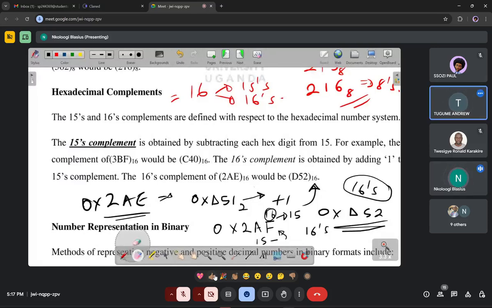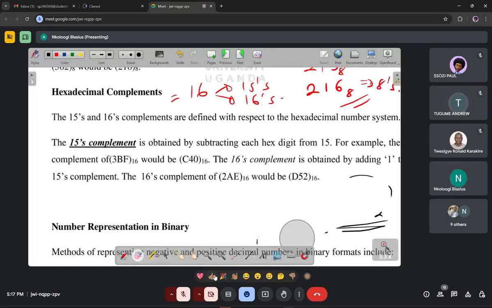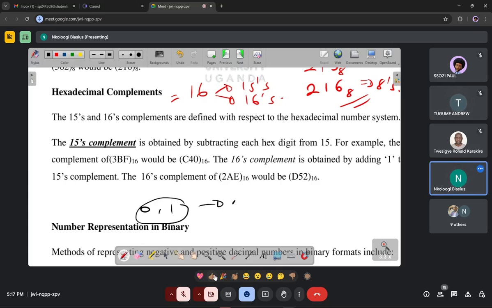So the computer receives what is called zeros and ones as the machine code. But when it receives this, anything that is received is in memory.